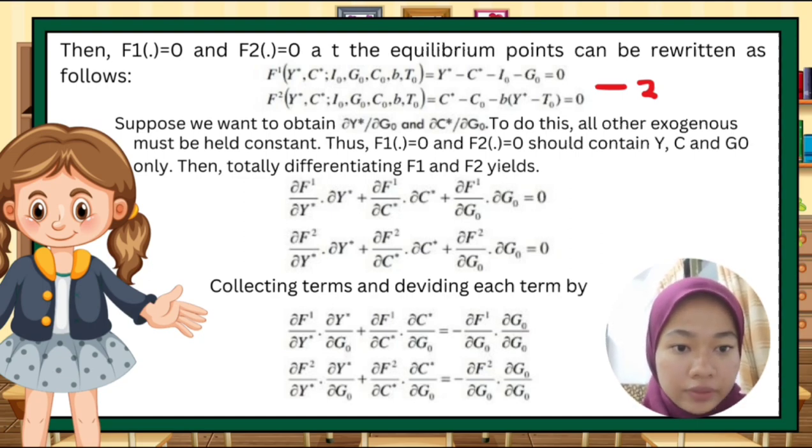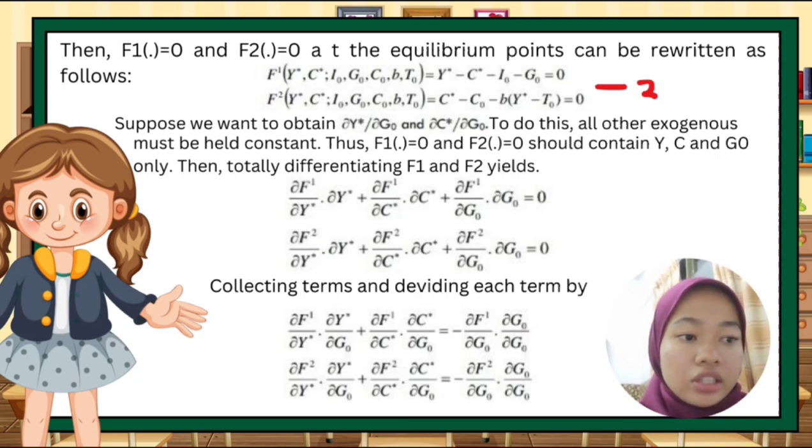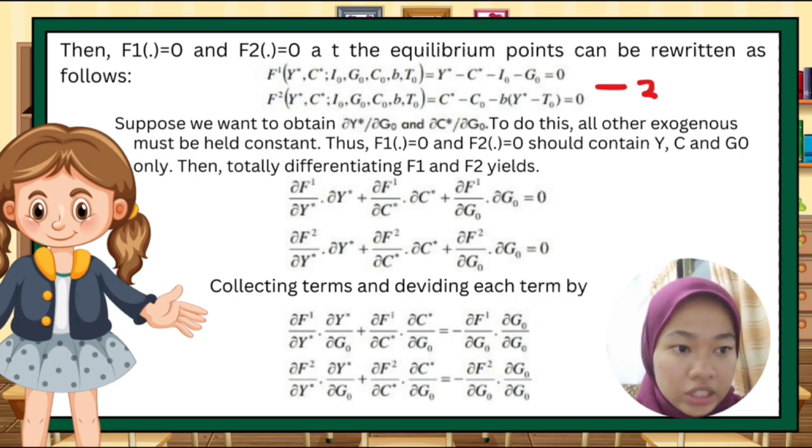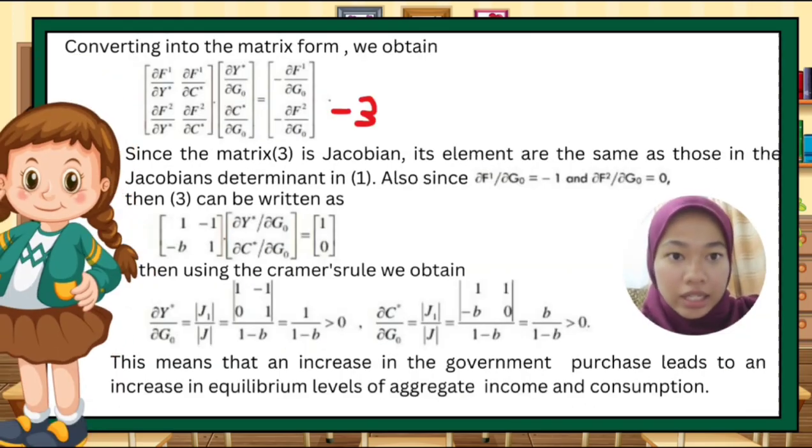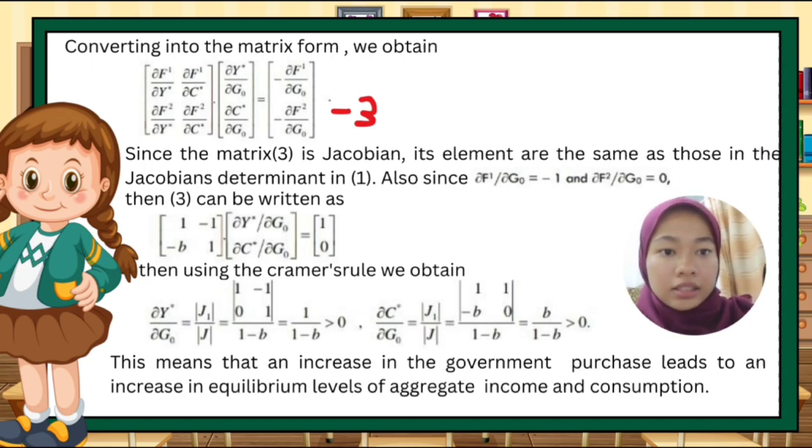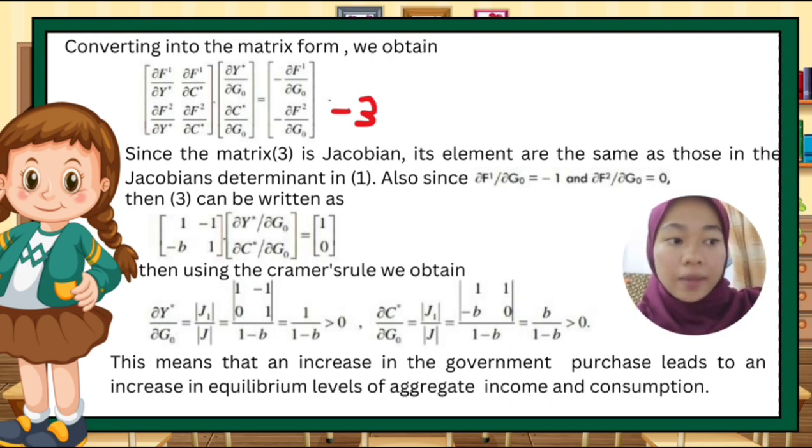Then, totally differentiating F1 and F2 yields this equation. After that, collecting the terms and dividing each term by dG, the next step is converting into matrix form, and then we can obtain equation 3. Since the matrix in equation 3 is the Jacobian, its elements are the same as those in the Jacobian determinant in equation 1.